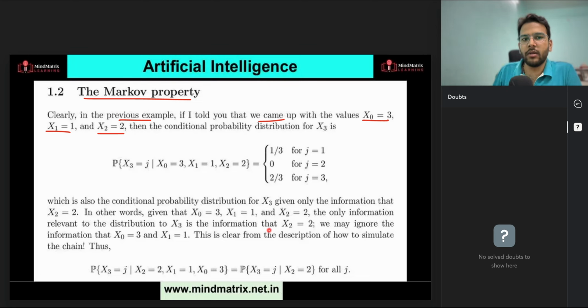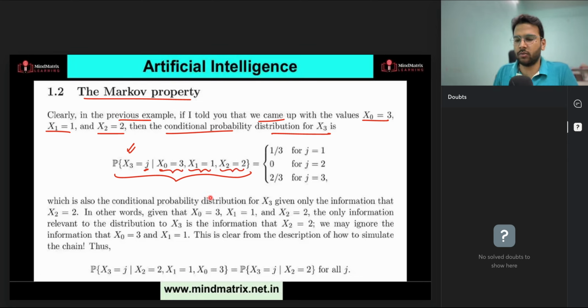Then the conditional probability distribution for x3, we can write like this: what is the probability of x3 is equal to j, that means the next state, given that x0 is equal to 3, x1 is equal to 1, x2 is equal to 2.